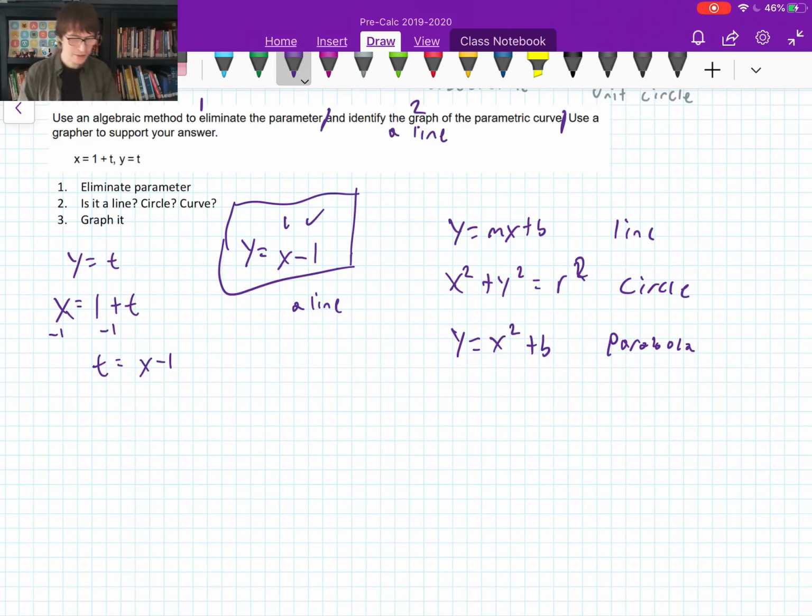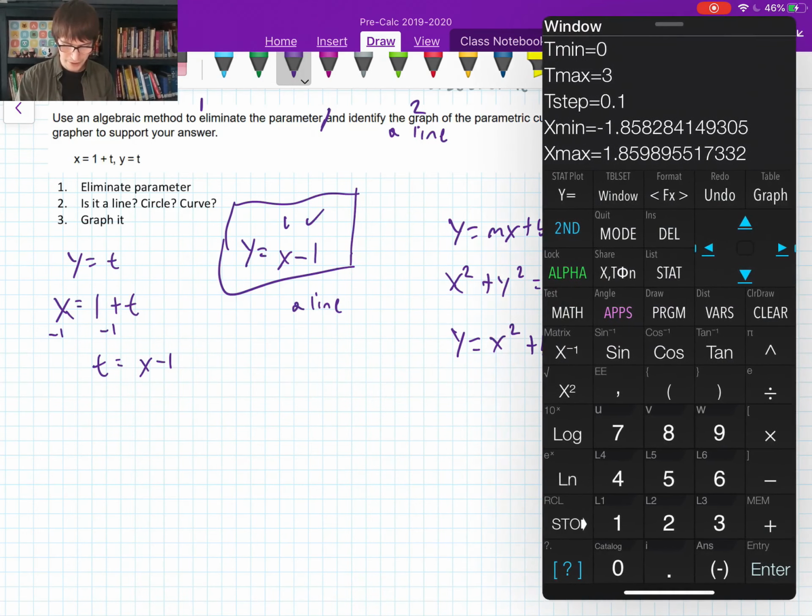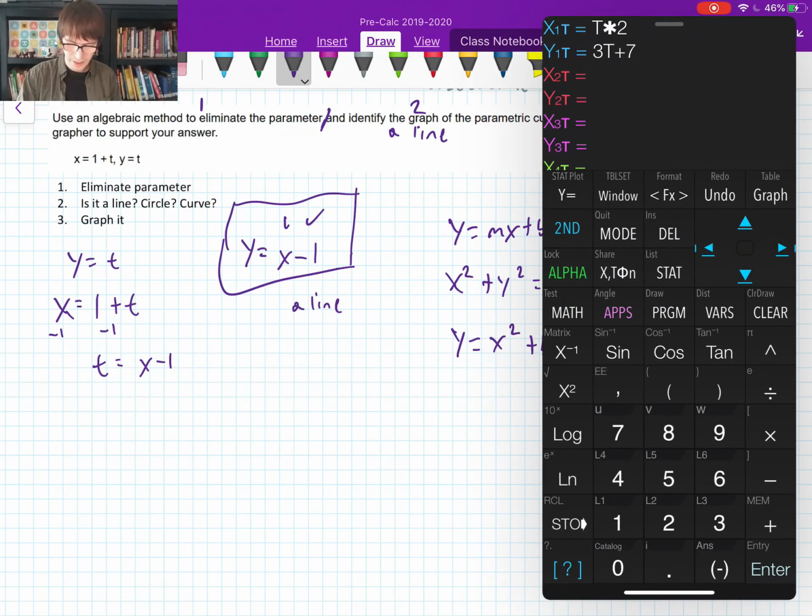And finally, it says use a grapher to support your answer. So we'll just graph both of these and see what we get. Okay, so I'll pull up my graphing calculator. We'll hit y equals, and we'll clear that and clear this. The first one, x equals 1 plus t. So 1 plus, and again I can press the x button, and it now is t.